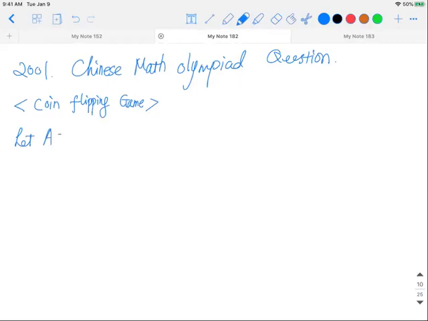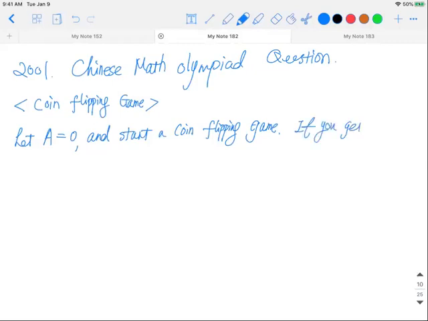Let A equal 0. And we start a coin flipping game. If you get heads, then A++. Okay, I'm using some programming language, A++, right?